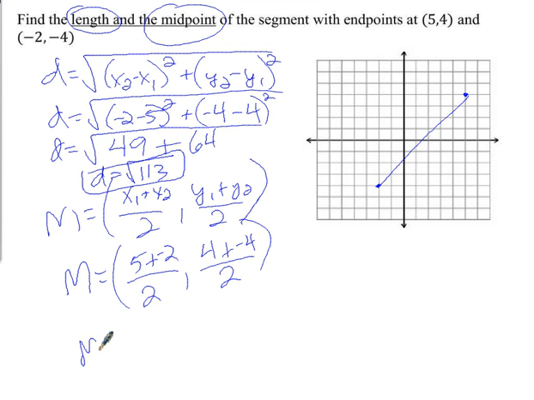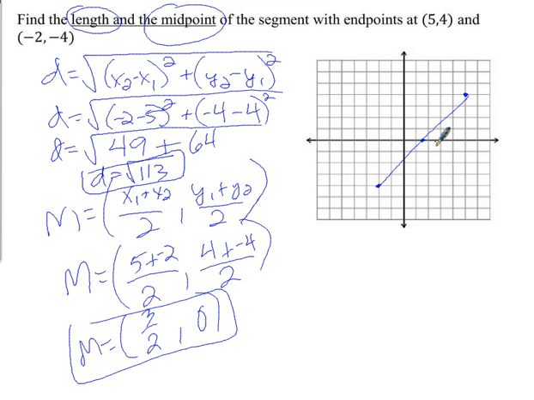So M equals, parentheses, 3/2, comma, 0. Yeah, 4 plus negative 4 is 0. 0 divided by 2 is 0. So there's your midpoint. And if I look at the graph, 3/2 would be about 1.5, and then comma 0. That does look like the midpoint.